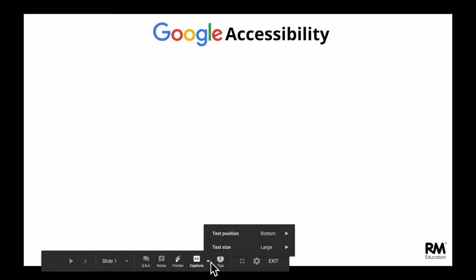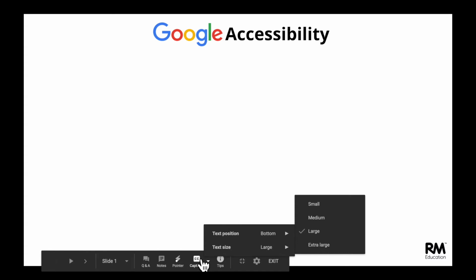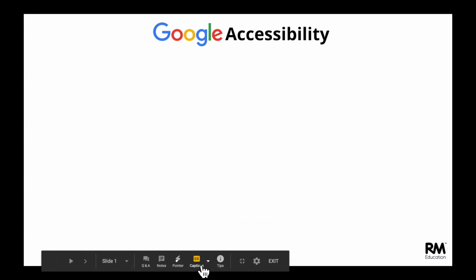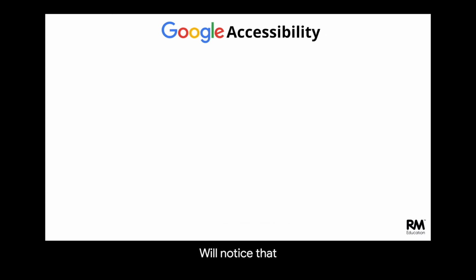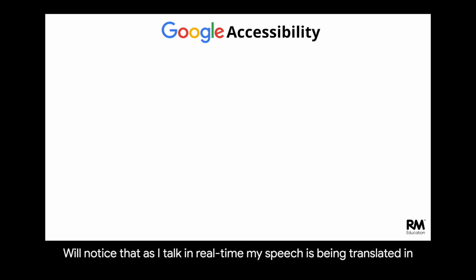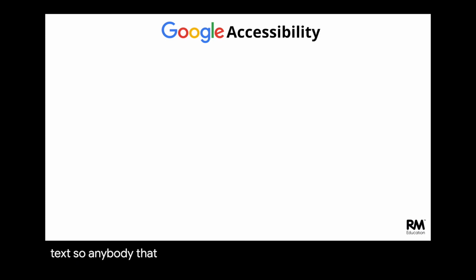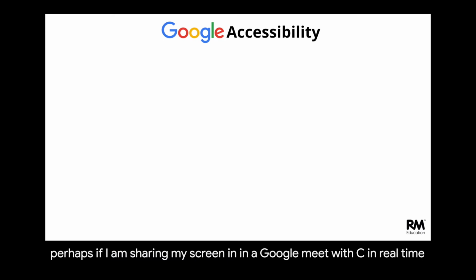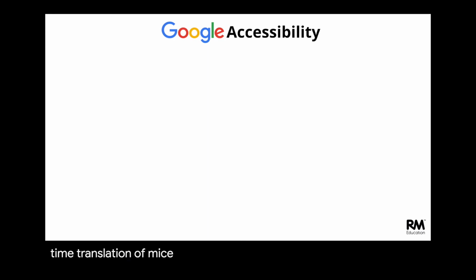If I click on the down arrow, I can choose the text position and the text size. And now when I click onto CC for closed captions, you will notice that as I talk in real time, my speech is being translated into text. So anybody that is viewing this slideshow with me at the moment, or perhaps if I am sharing my screen in a Google Meet, would see in real time a translation of my speech into text.